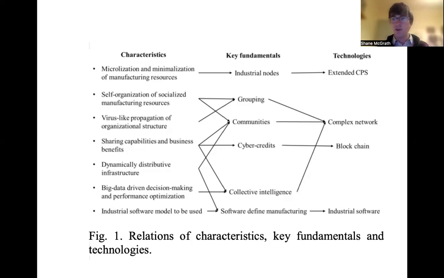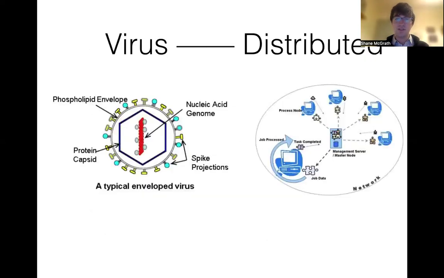So they kind of organize themselves. There's no central organizing force. I mean, there has to be order allocation and that sort of thing, but the nodes pick up the orders themselves. This depends on the grouping, virus-like propagation of the organization structure. This is what the virus looks like on the left here.